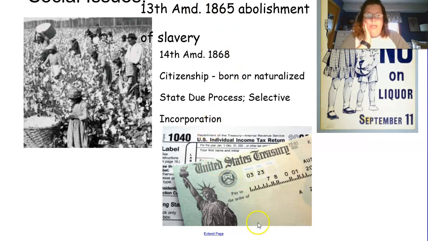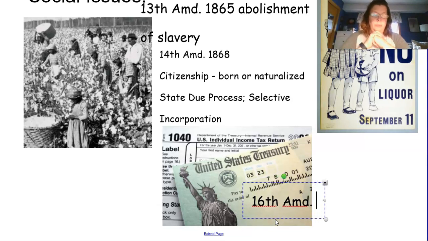And what we're talking about is when you turn 16 and reach the age of being able to drive, also comes another responsibility. The 16th Amendment is the government's permission to tax your income. Yes, I know in Article 1, Section 8, it says that Congress can tax, but the question was, what were they taxing?